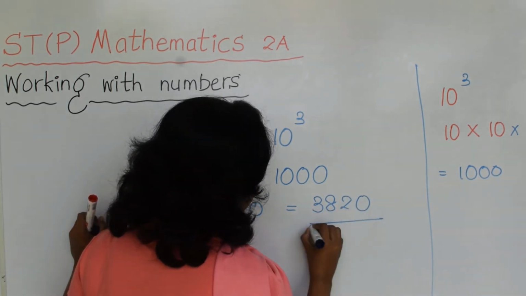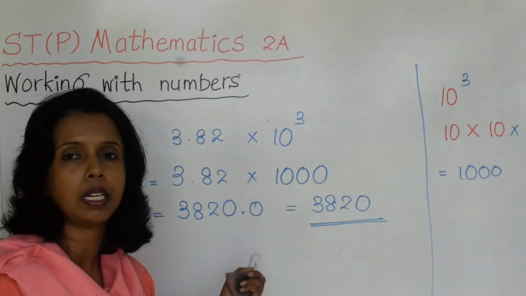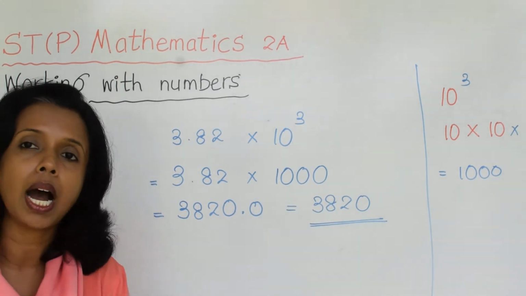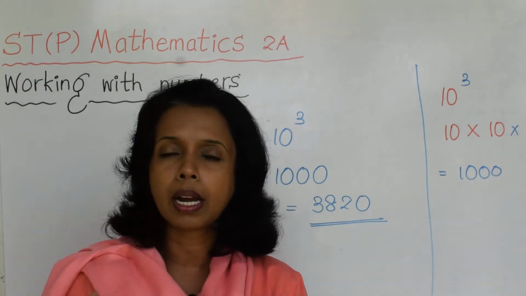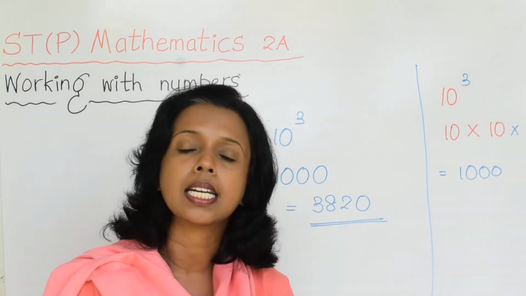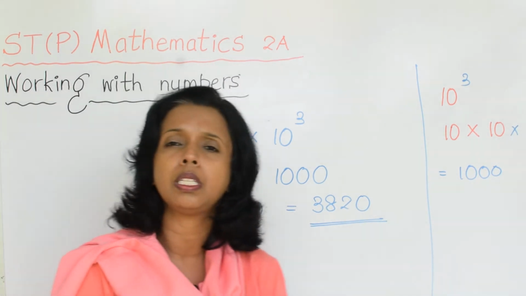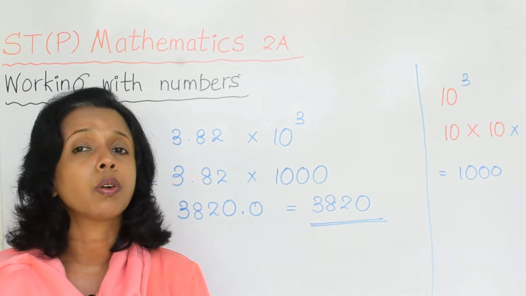3,820, right? It doesn't matter if you keep the answer like this, it is not wrong. Straight away you can take 3,820, but it's better to show this step because you are practicing with the correct steps. Sometimes in the examination, with the examination stress, you are going to have the wrong answer, children.